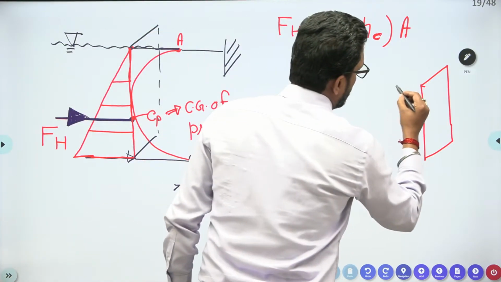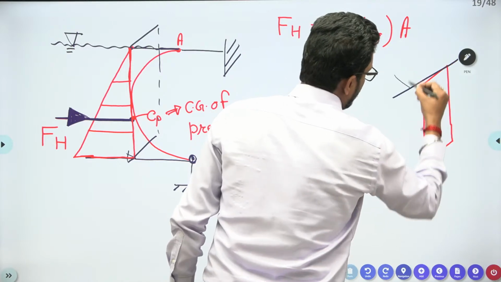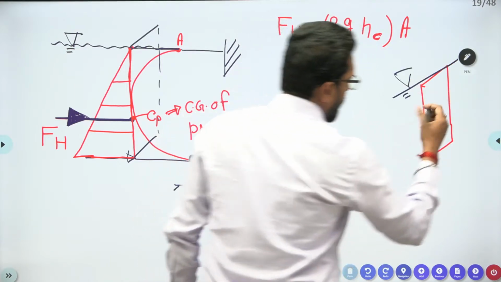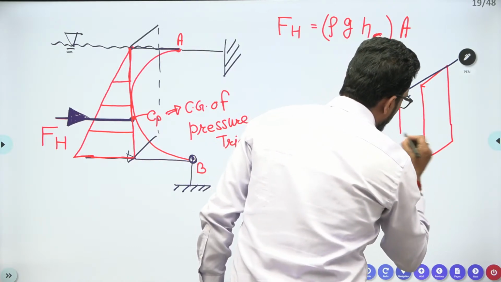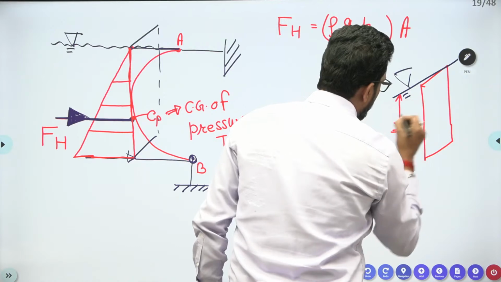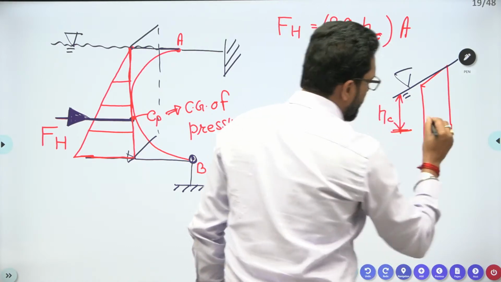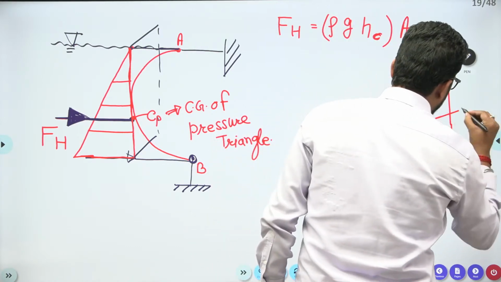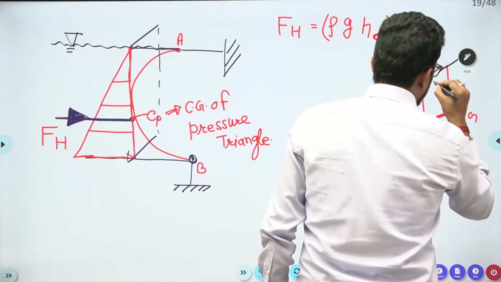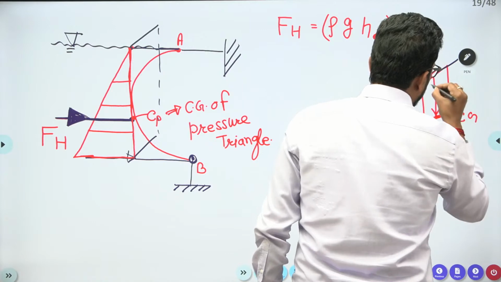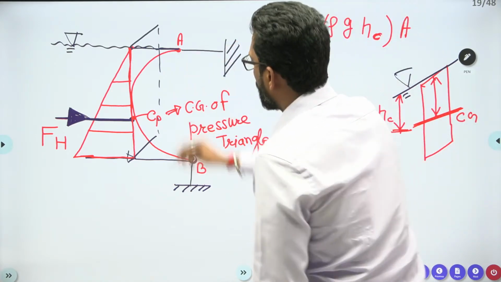This is our free surface. So this is your HC, and HC is the CG of this plate, which is just half of the total length. What is the total length?